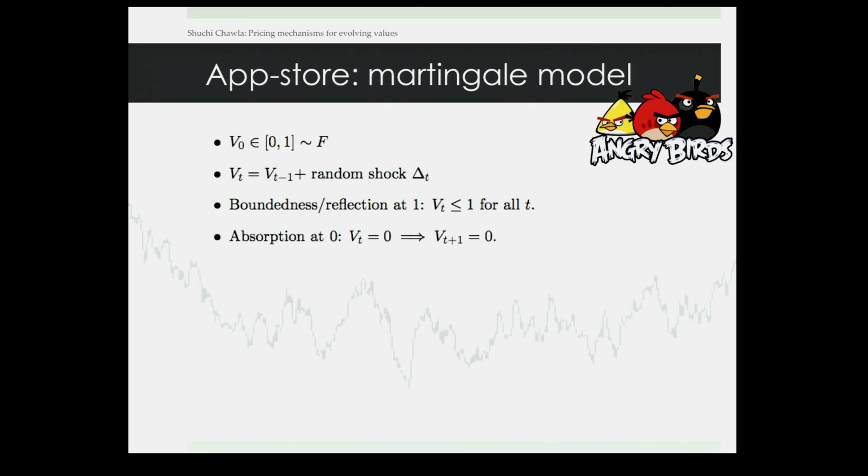And the value is going to evolve by having a random shock added to it at every step. And we're going to assume that the value always stays bounded, so it never goes beyond 1. And once it reaches 0, it gets absorbed at 0. That's like saying the buyer loses interest in this product.